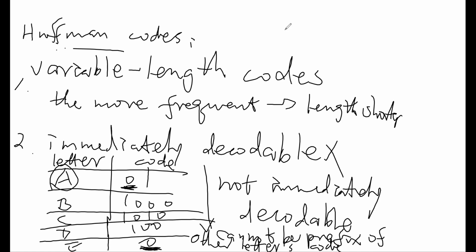Because if it is, then suppose you have something like 0 1, and later on we will see our applications. When you read this, is this part of the code or is it just itself? It will cause confusion. So the code you provide must also meet the immediately decodable rule when you check if your Huffman code is a valid one. So that's the concept.